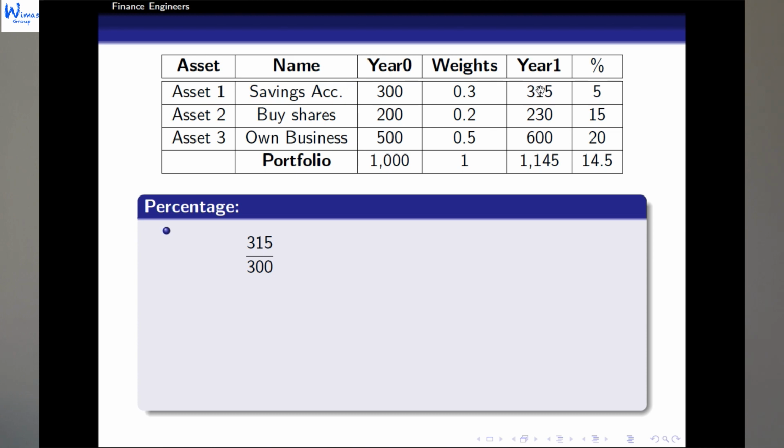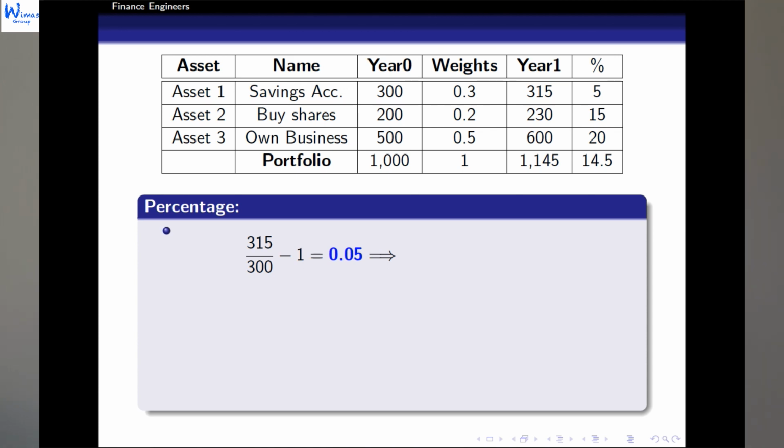How can we compute this? Here we take 315, then we divide by 300, and from what we obtain, we subtract 1, and the value obtained here is 0.05.